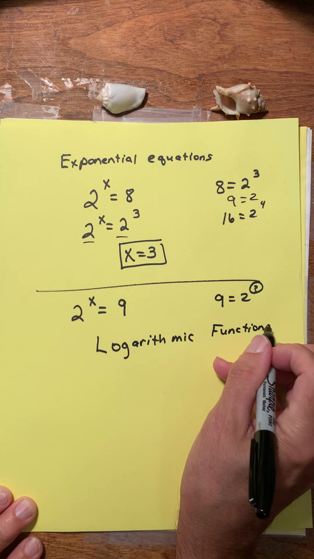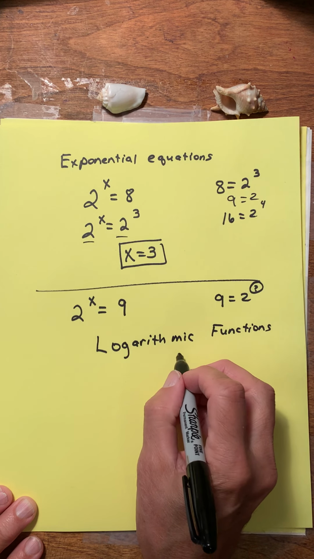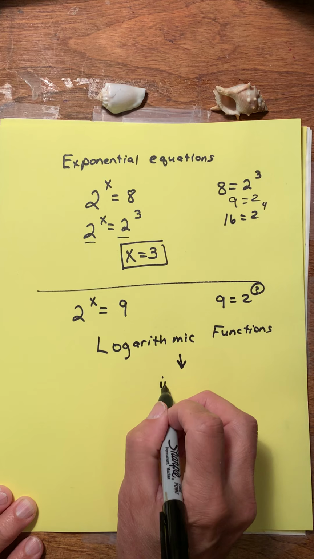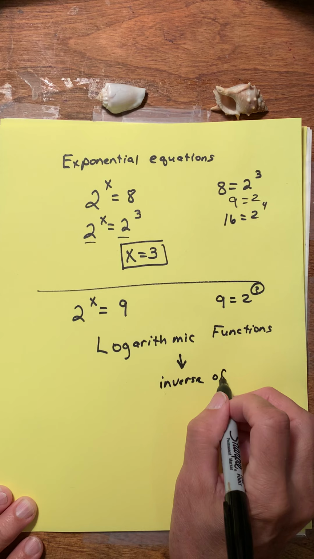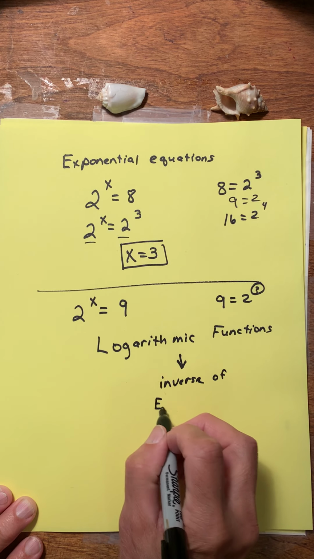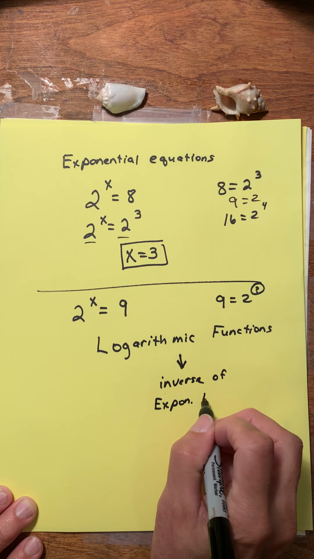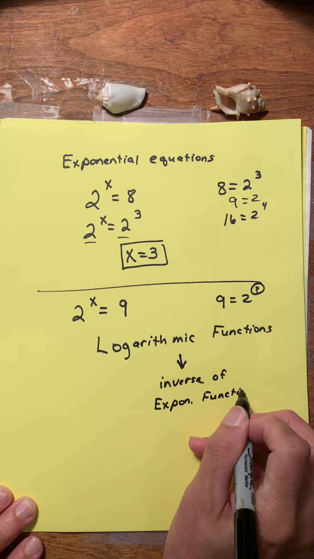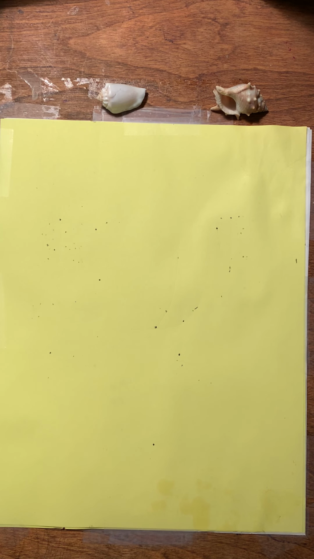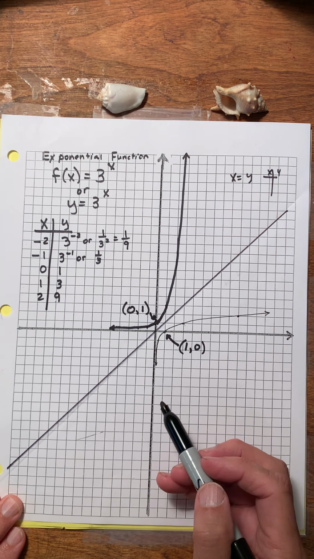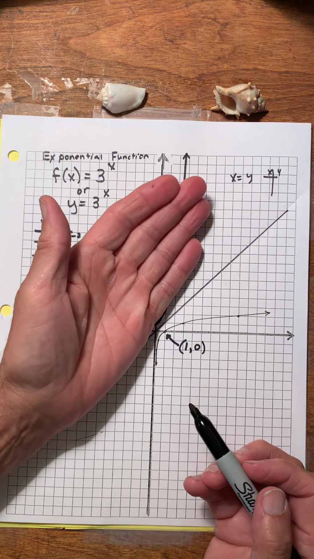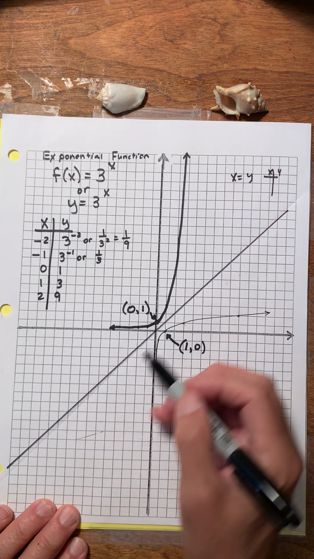Now the interesting thing about logarithmic functions is they are the inverses of the exponential function. Now I'm hoping you remember that once I have a picture of an exponential function, a picture of any function, I can find its inverse by reflecting it over this line, y equals x.